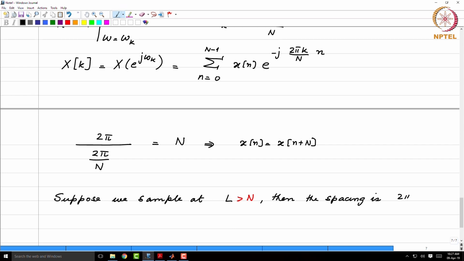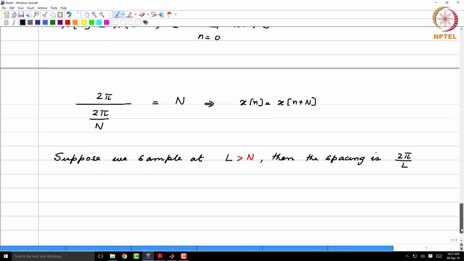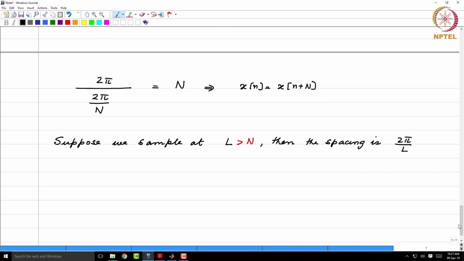The spacing is 2 pi by capital L, and hence in the time domain the repetition will be 2 pi divided by 2 pi by L, which is L, and hence you are now left with the situation where x of n plus L equals x of n.